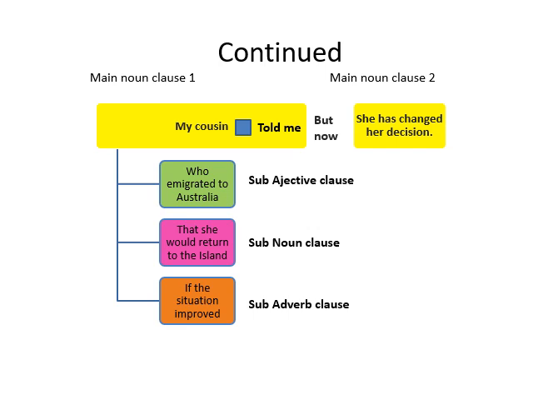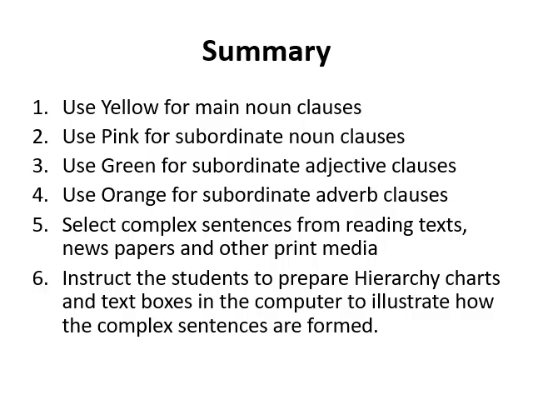You can use this method to show slow learners, especially adult learners who are finding it difficult to read and write English sentences. By using a computer application, you can display this particular method. So in the summary, I have given a list of colors to be used. Use yellow for main noun clause, pink for the subordinate noun clause, green for adjective, orange for adverb, and select complex sentences from reading text, newspapers, and other print media.